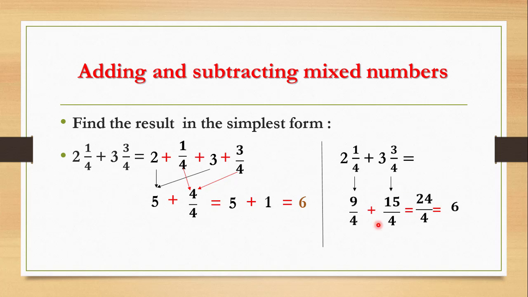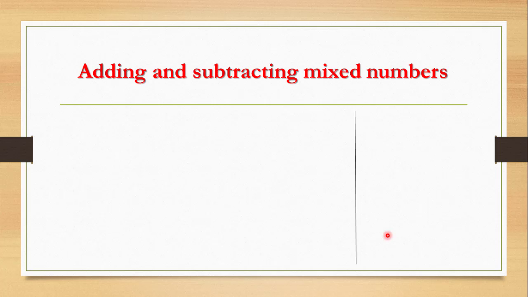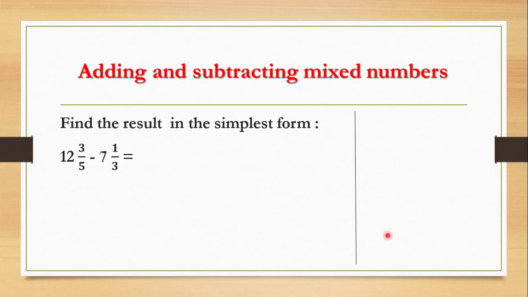Okay, and in each case you must simplify. Okay. Here we have another exercise, 12 and 3 over 5 minus 7 and 1 over 3. In the case of subtraction, use the second method: convert into improper fractions, then subtract.